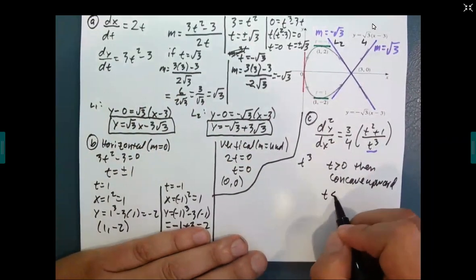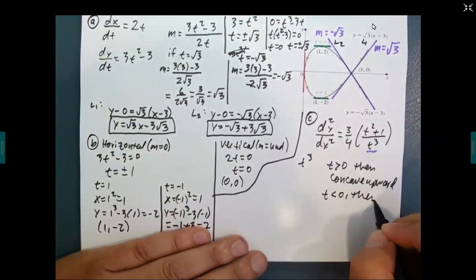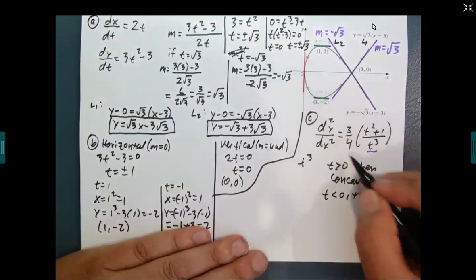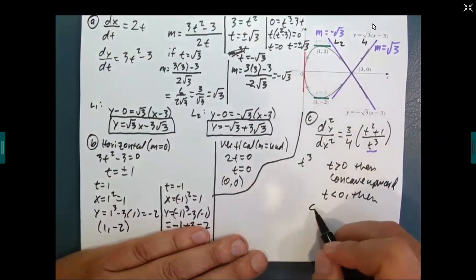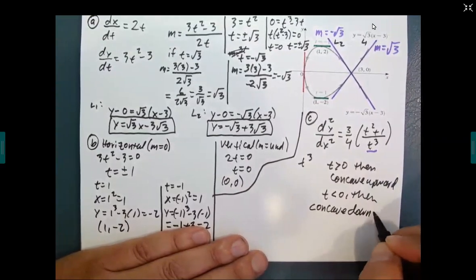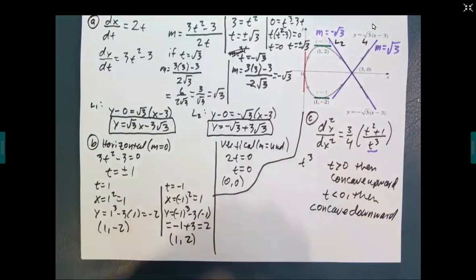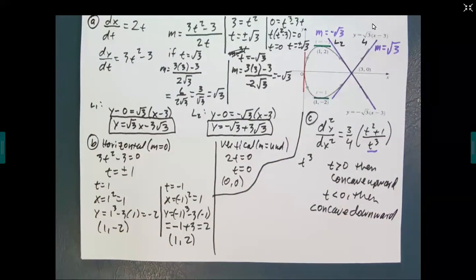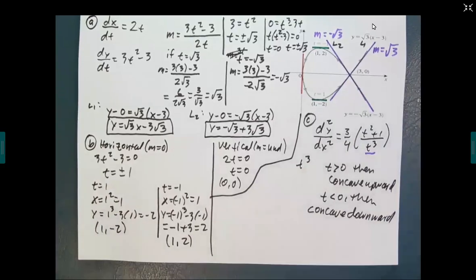When t is negative, then the denominator is going to be negative, making the whole thing negative. Then that means that it becomes concave downward. And we can reflect on that, but I am going to move on to the next example.